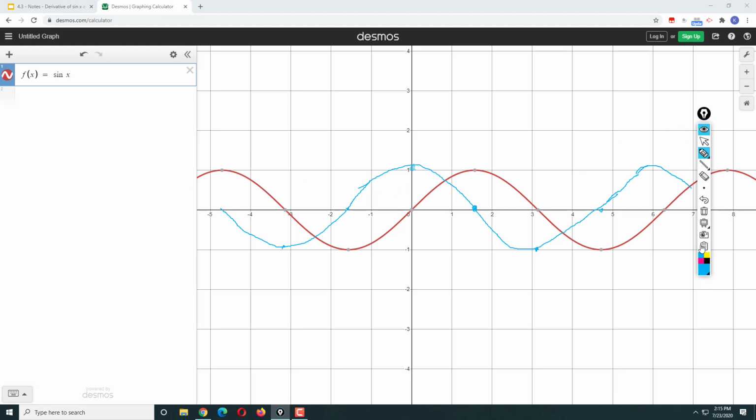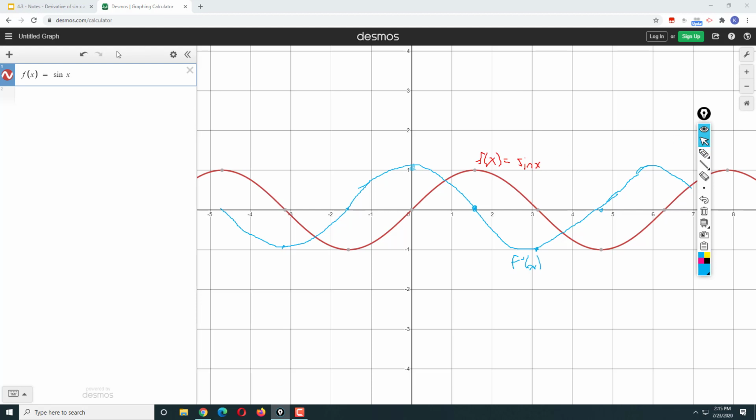So if this graph is f of x equals sine of x, then f prime of x should look like this. Does the graph of f prime of x remind you of anything? It also oscillates. It goes up and down, and it starts at 1 when x equals 0.